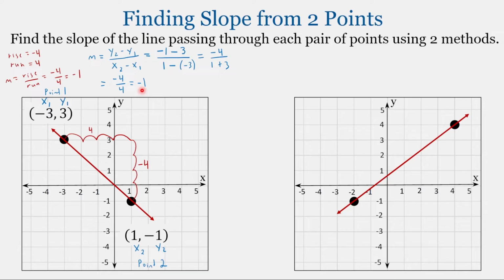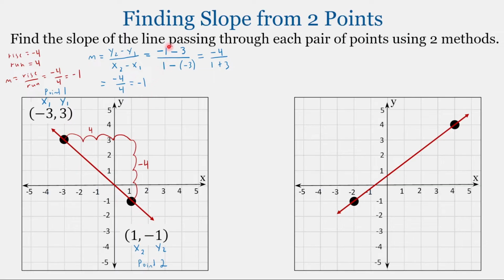We're finding the slope of the same line using 2 different methods, so we should get the same answer. So it doesn't matter which point you label as point 1 or point 2. What does matter, and what's very important to get right in order to correctly find the slope, is to always make sure you're subtracting one point from the other point.